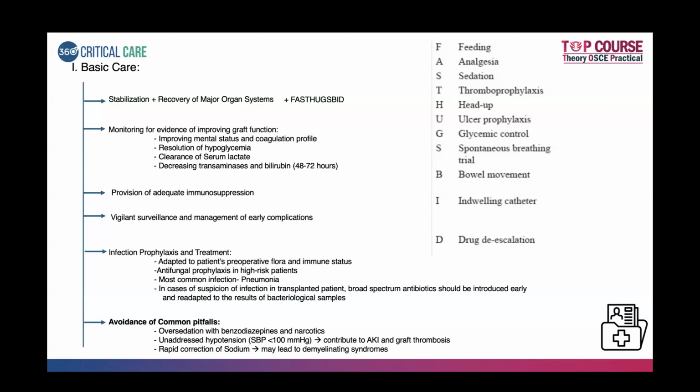In addition, another important component is infection control. Infection control practices have to be very stringent whenever you manage transplant patients, be it any form of transplant, liver, kidney, cardiac, lung. It has to be done very meticulously.